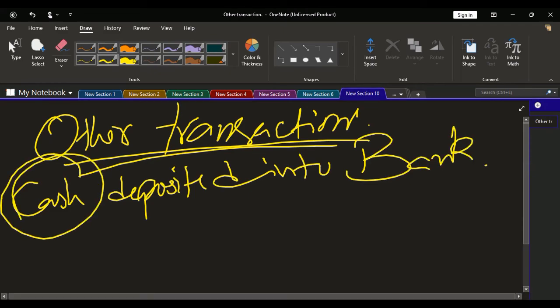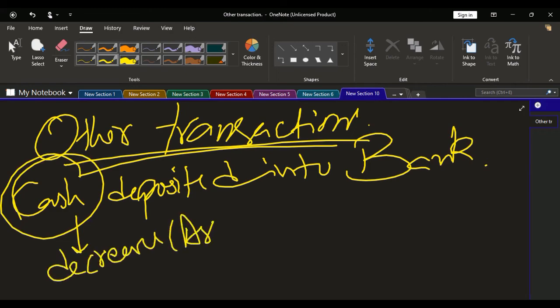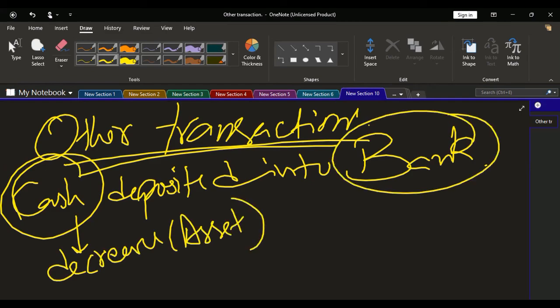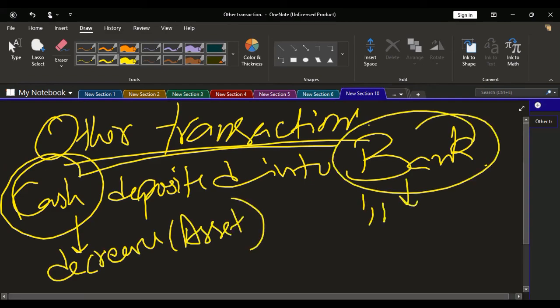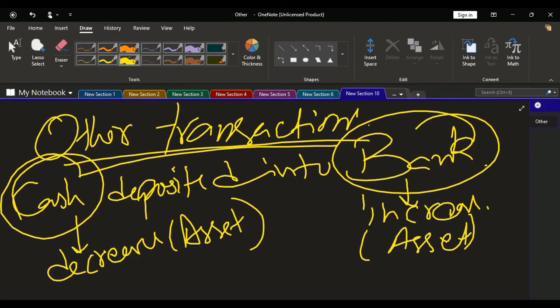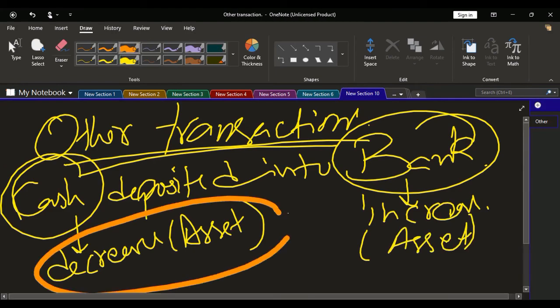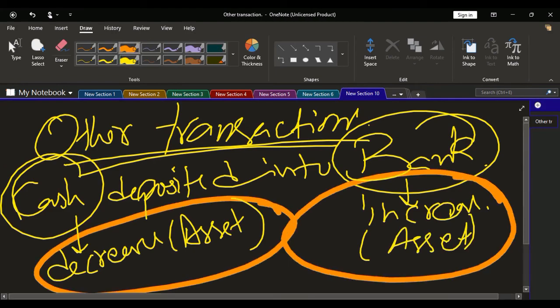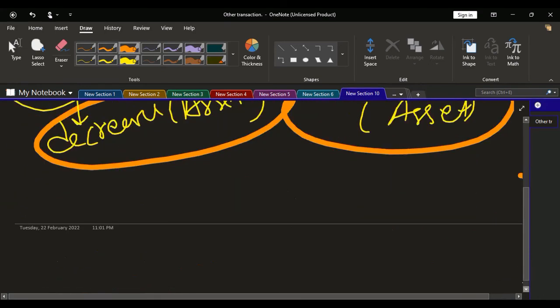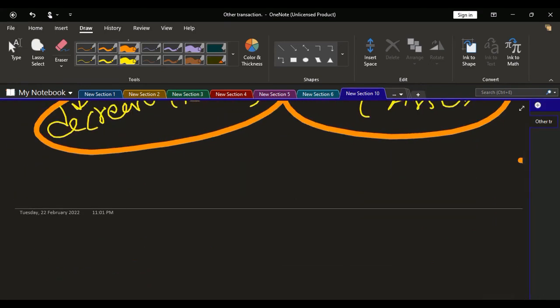Cash is withdrawn, therefore cash decreases, which is an asset for a business, and bank balance will increase, which is also an asset. So here one asset is decreasing and the other is increasing. So the journal entry here will be bank debit, cash credit.